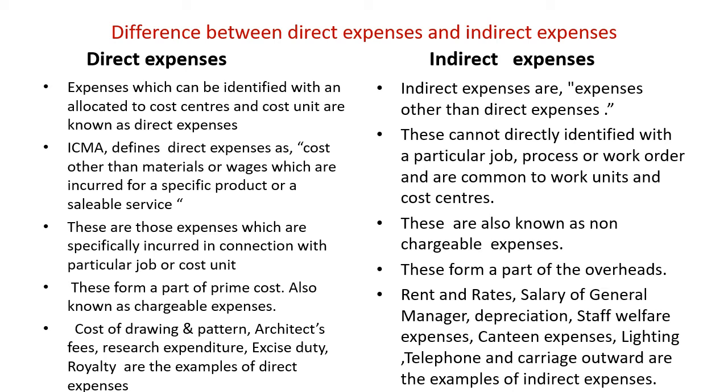ICMA defines direct expenses as cost other than materials or wages which are incurred for a specific product or a sellable service. These are those expenses which are specifically incurred in connection with a particular job or cost unit.